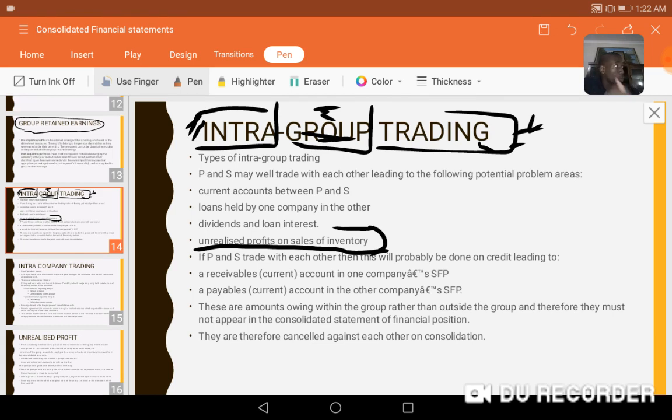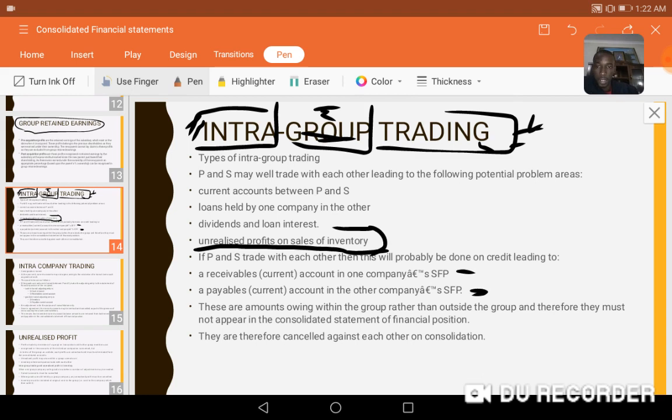By doing so, it will result in a receivable in one company and a payable in another, which means the one which is selling will recognize a receivable and the one which is purchasing will recognize a payable, because it will be owing the other company.